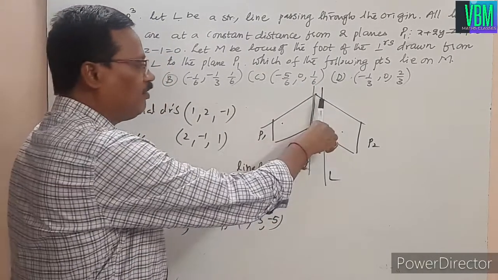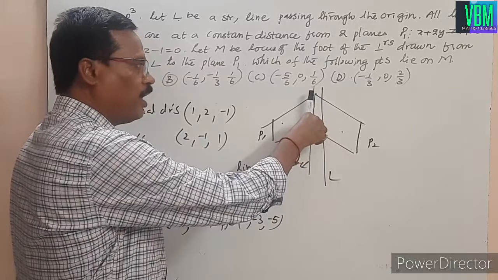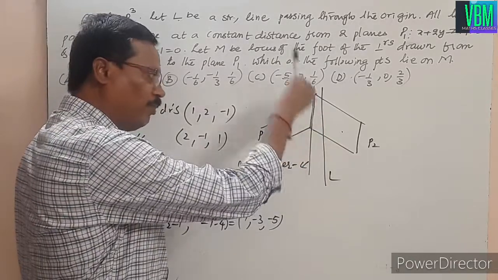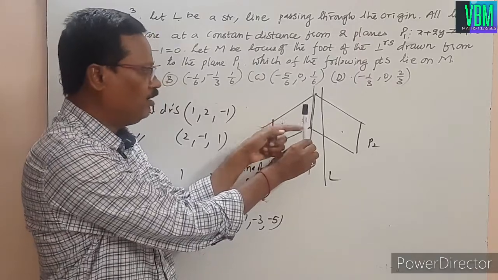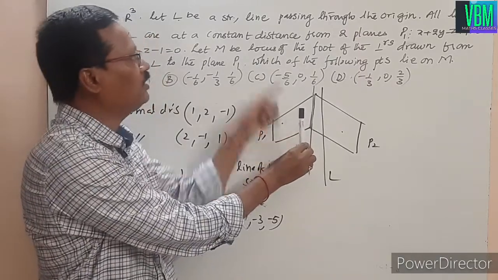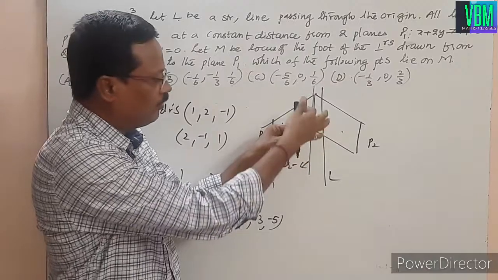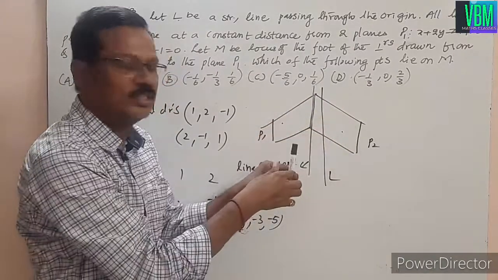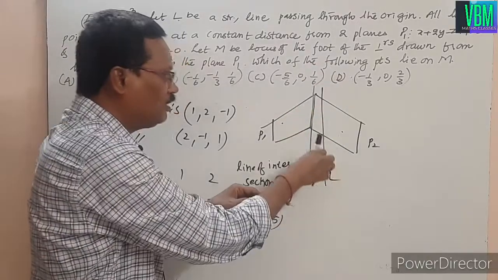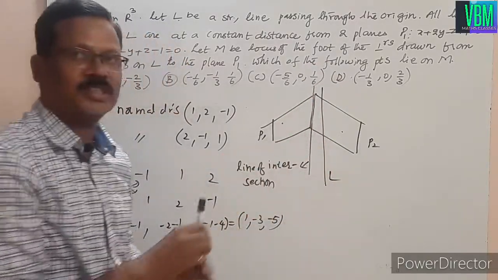Now our required line L is also parallel to this line. Why? Because if this is line L, the perpendicular distance from the points on the line to this plane is always the same, constant. That is why L is parallel to the line of intersection.